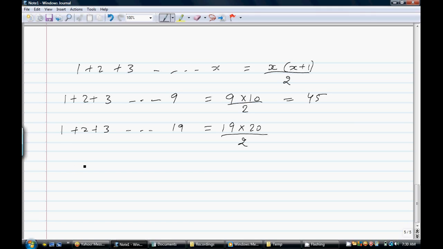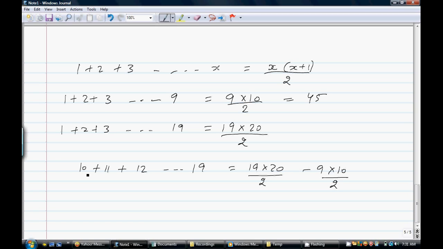For example, 10 plus 11 plus 12, and it goes to 19. First I have to add numbers from 1 to 19, so that will be 19 into 20 divided by 2, and then I have to subtract numbers from 1 to 9, so that will be 9 into 10 divided by 2.